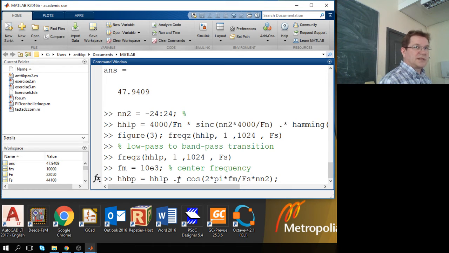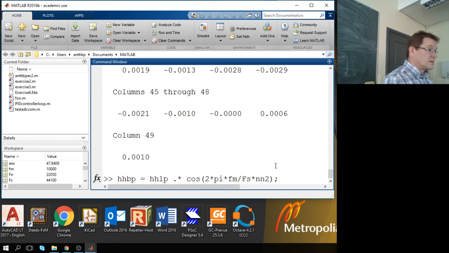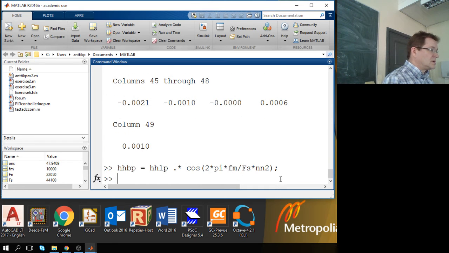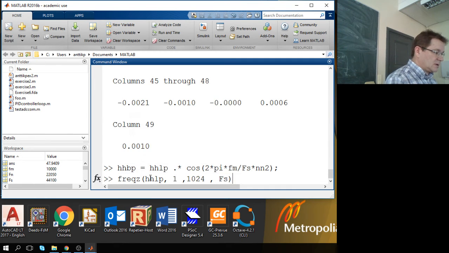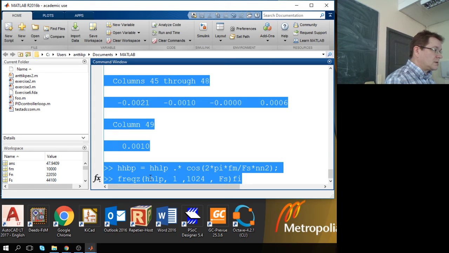Or NN2 times TS. It's a sampled cosine, nothing more, and multiplied element by element with our low pass filter impulse response. Whoa, what happened? Okay, and then we will just do the frequency response of that, maybe on another window. I hate when that happens.